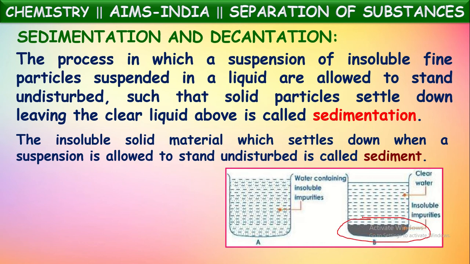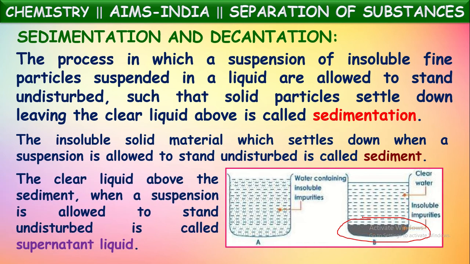This method of settling down the insoluble solid substance in a liquid is called sedimentation, and the solid substance which has settled at the bottom is called sediment, and the pure liquid separated from the solid is called supernatant liquid. This whole process is called sedimentation.